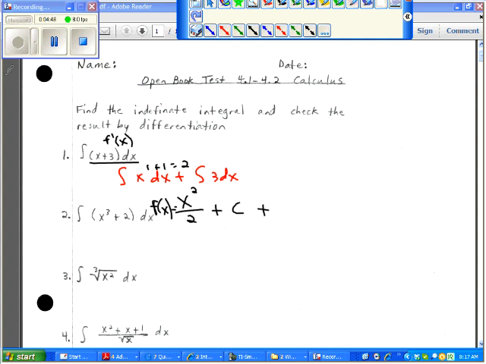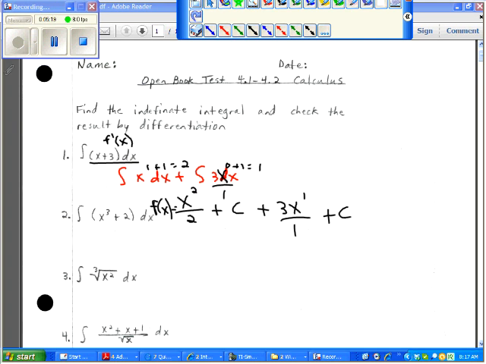And then we would have plus, what is the integral of that constant? Well, we have to realize that there's an understood x to the 0, right? So we would add 1 to that, which would give us a 1, and then divide by that same 1. So we're going to have 3x to the 1 divided by that same 1, and then a plus c.